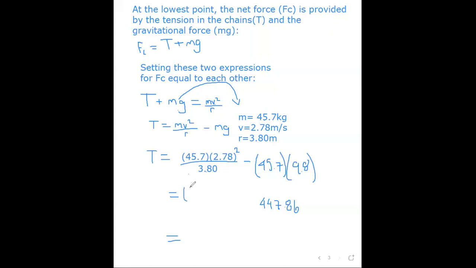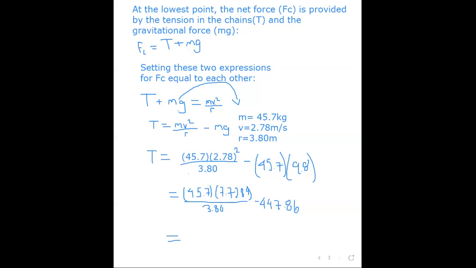So I'll just write it out. It's 45.7 times 7.7284, and then that is being divided by 3.80, and then you subtract 447.86.